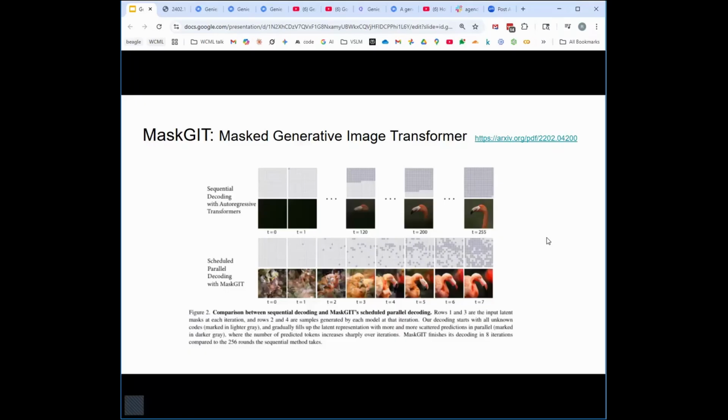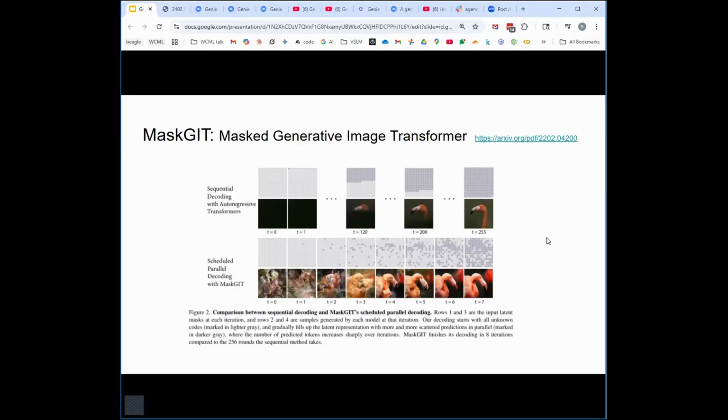BERT style, they would just mask out pixels and ask the model to predict what was missing. And once you can do that, you can use it as a generative model where you start with nothing and you slowly add pixels. Generally, if I remember right, MaskGIT and these other models would, as you said, randomly pick pixels and fill them in, informed by the pixels that you already have.